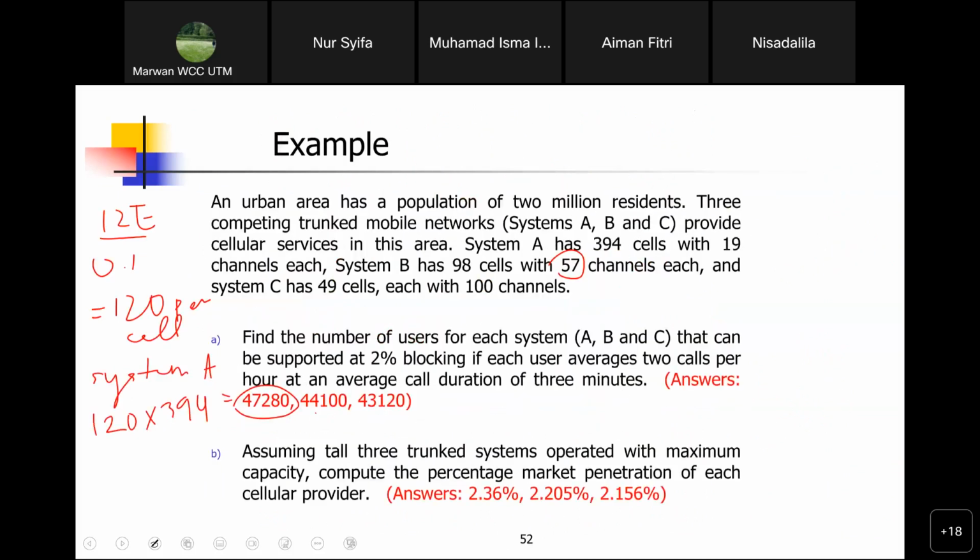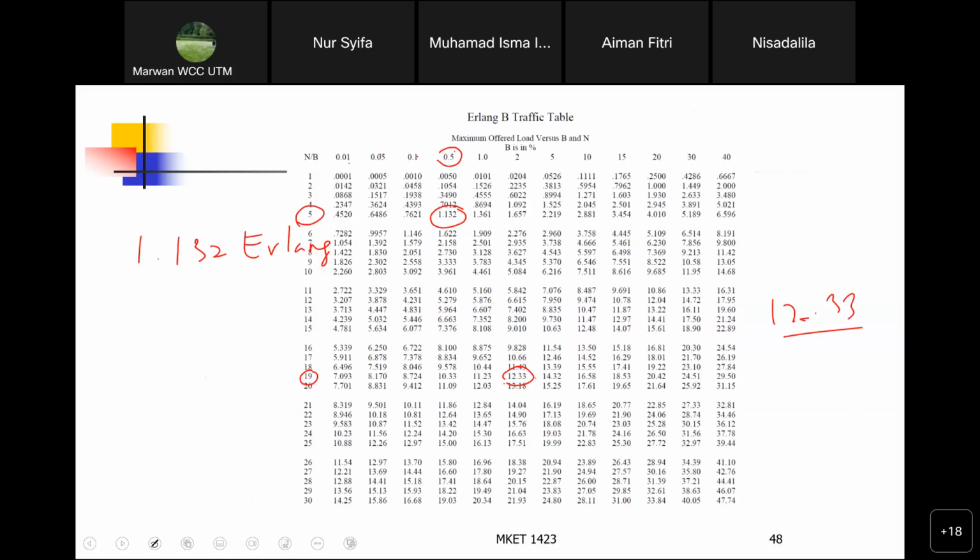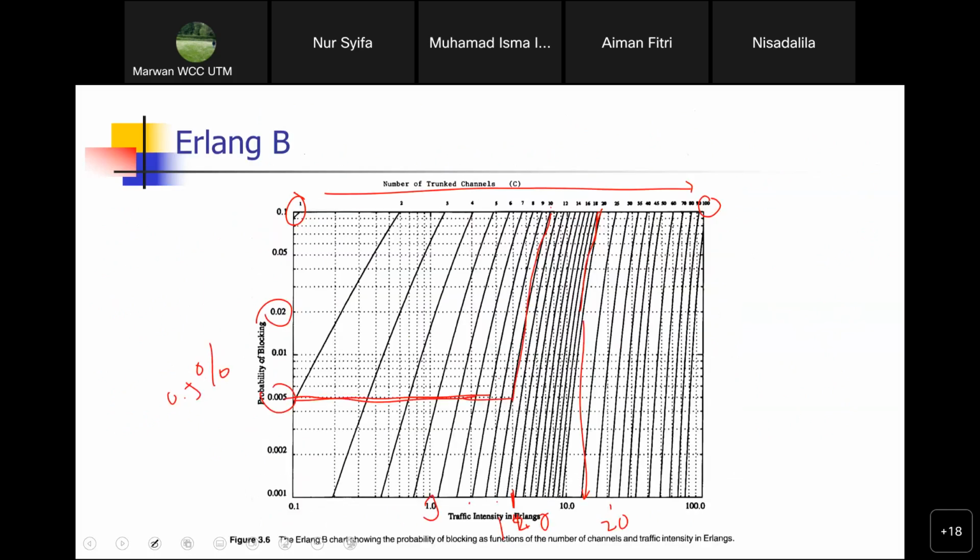If you get an answer that is slightly different, it's because, for example, in the first one we took only 12 Erlang. Why 12 Erlang? Because we didn't take the exact 12.33. From the table they will approximate it to 12. We normally use integer numbers. We can say 12.5 is fine, but 12.33 we cannot have, so we decide 12 or 13.